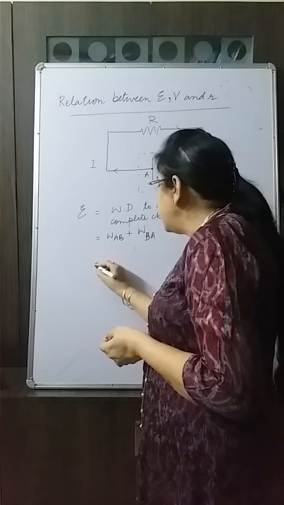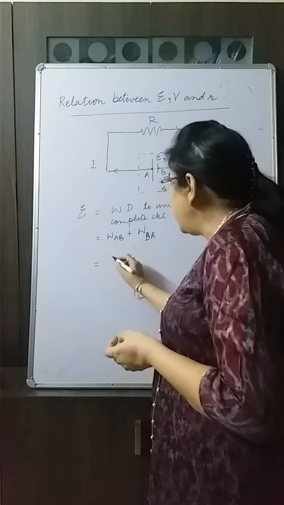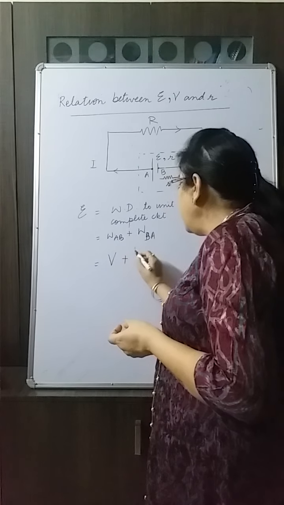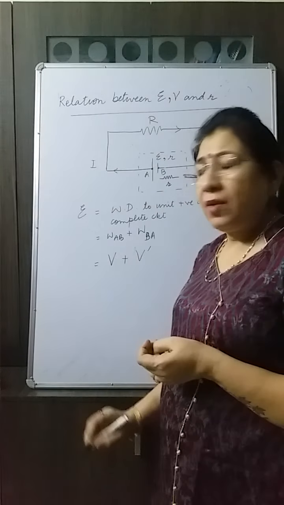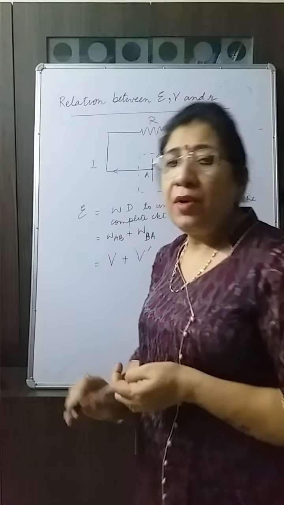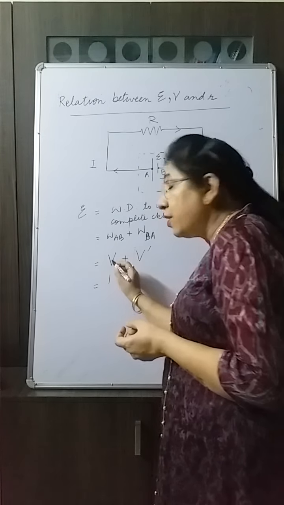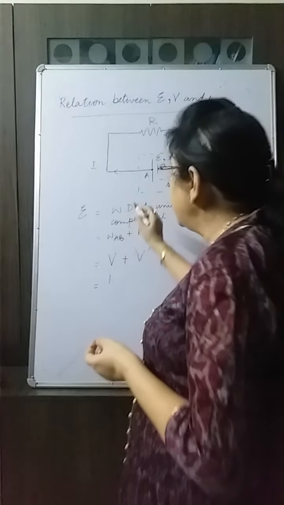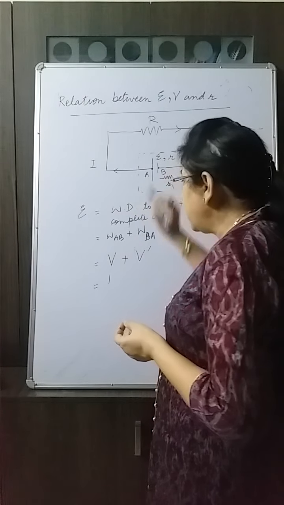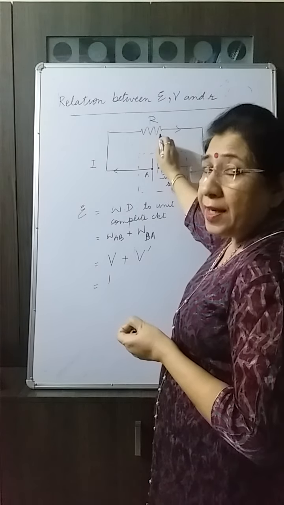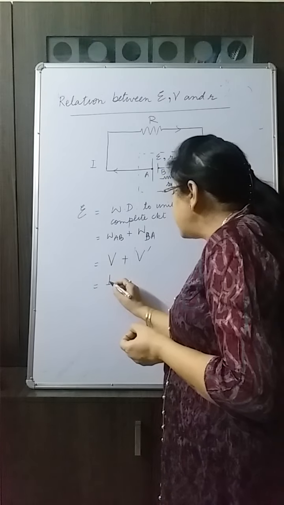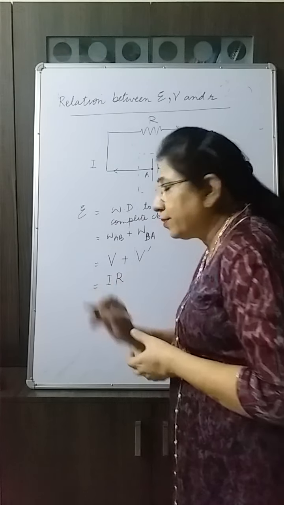Let us denote it by V and V dash. V is the terminal potential difference. We can write this as, V is the potential difference across the circuit or across the external resistor. Let us write it as I into R.